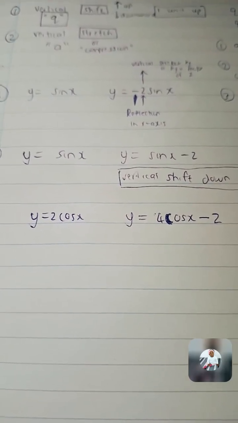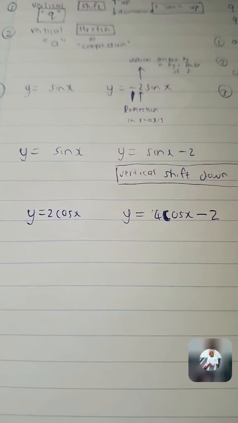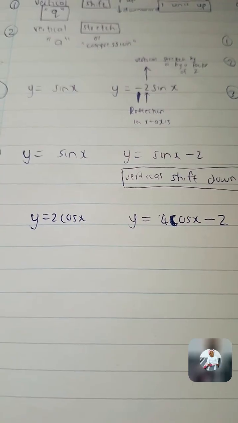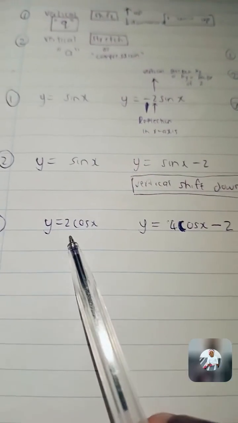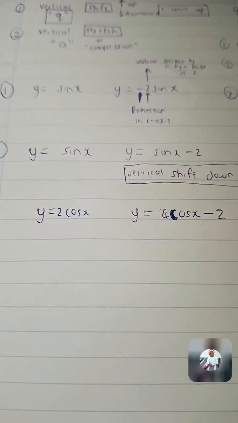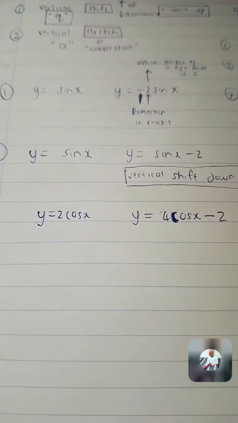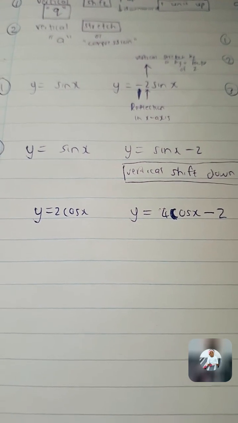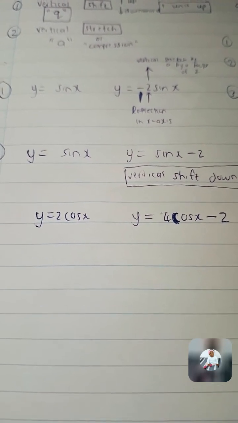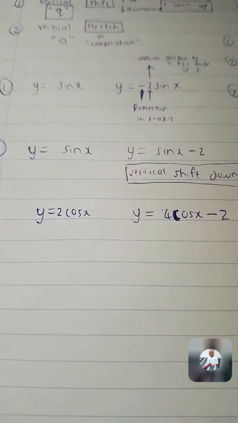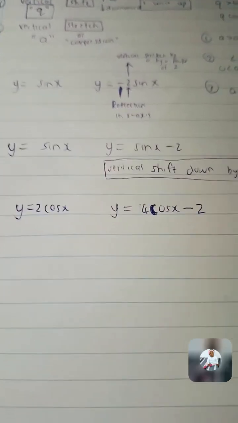How do you write it? It's a vertical stretch by a factor of 4, right? Okay, you're saying by a factor of 4. And then on the Q side, we see that we have a negative 2, which represents our vertical shift down by 2 units.